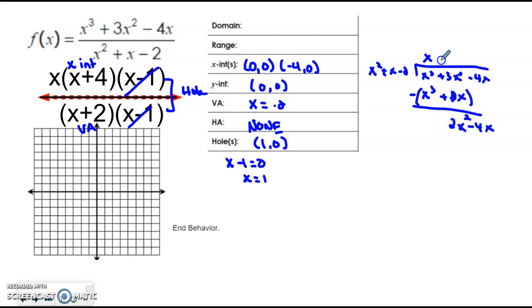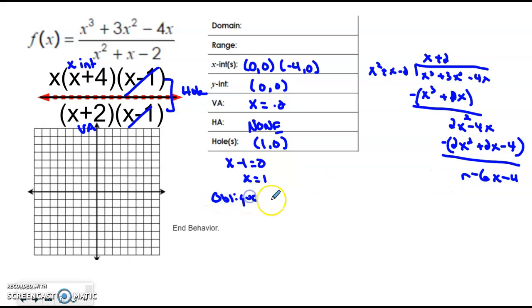So that means I'm going to have a plus 2 up here. So 2 times all this, I get 2x squared plus 2x minus 4. And if I subtract all of that, I do end up with -6x minus 4. That's my remainder, but I do have an oblique asymptote, and that oblique asymptote is going to be y equals x plus 2.